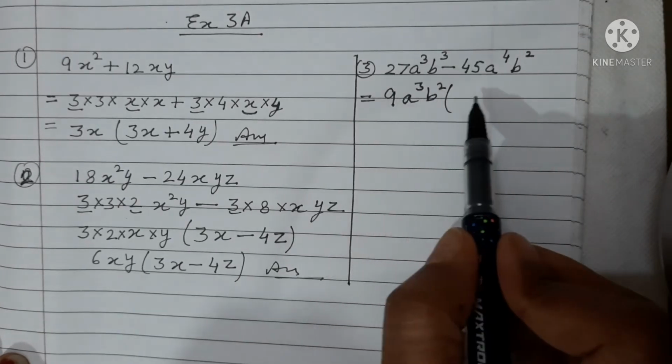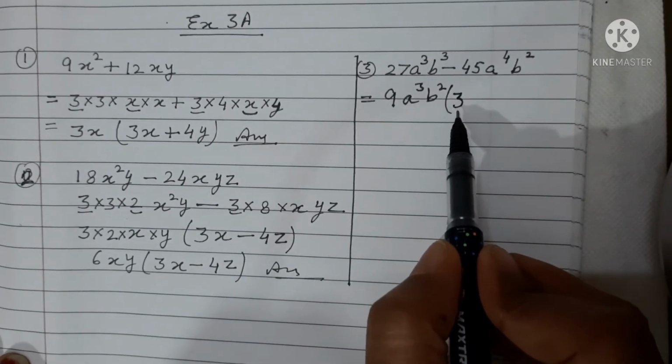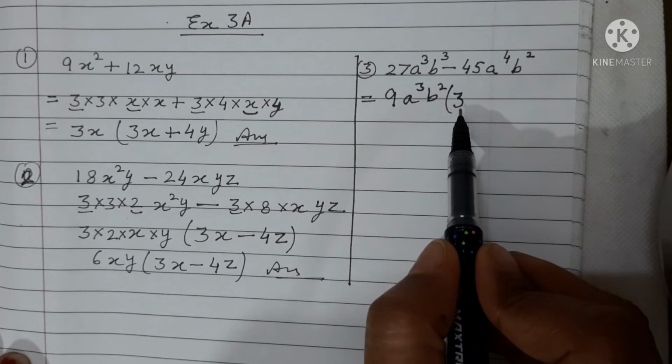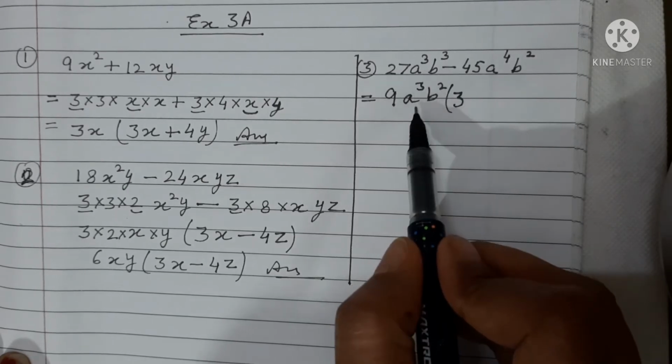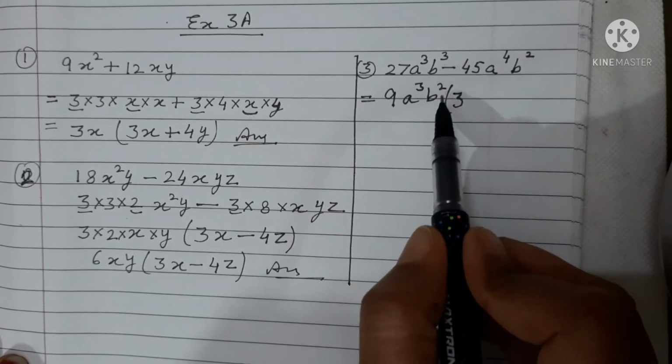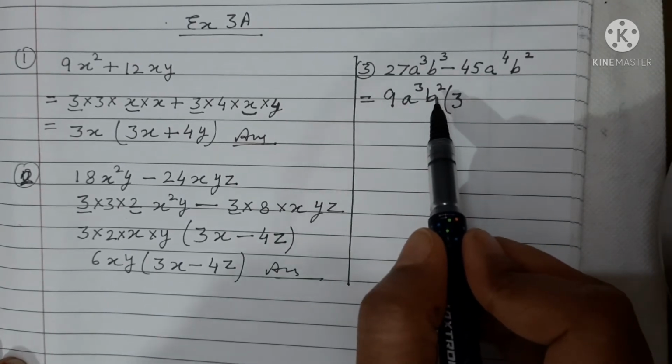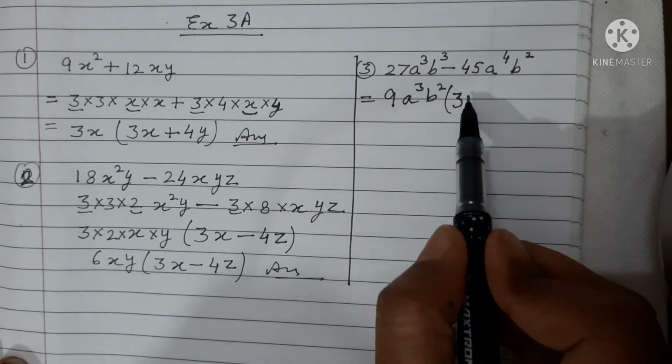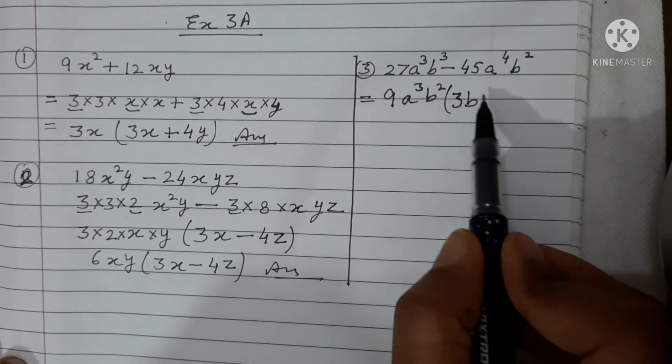Here 9 3s are 27, so 3 remains in the bracket, and a cube you have taken out, b cube here, and b square is taken as a common factor, so b is inside the bracket.